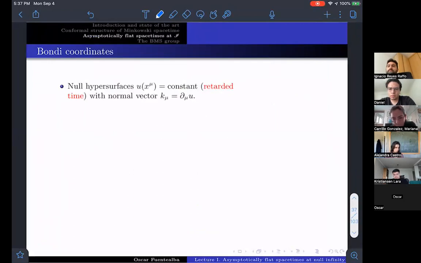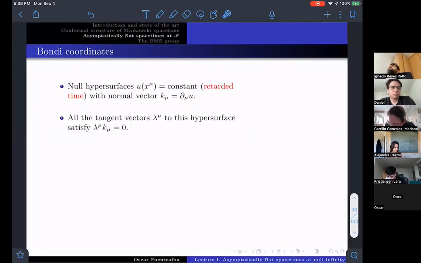And for that, they defined a null hypersurface given by this equation here. What is really related, in the flat and asymptotically, to the retarded time. And it has a normal vector, which is given by the gradient of the hypersurface.